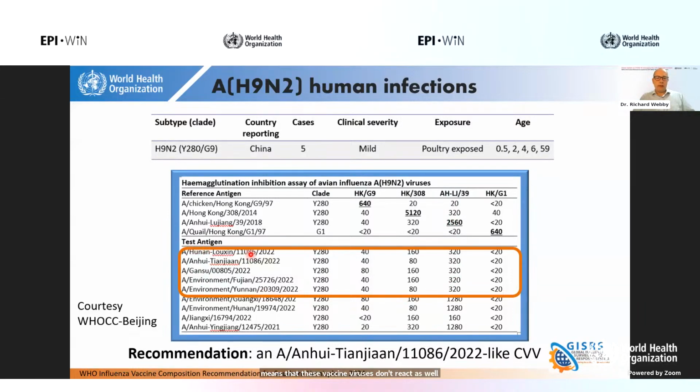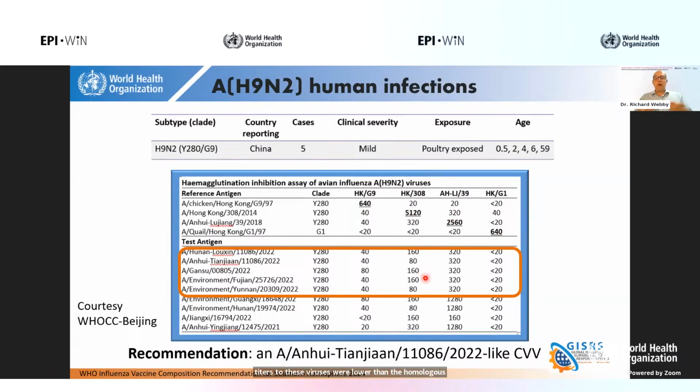And I've circled this group here because it's the group of H9N2 viruses that have been circulating in mainland China for a few years now, causing human infections both in 2022, and the 2023 viruses belong to this group as well. And you can see the hemagglutination inhibition titers to these viruses were lower than the homologous titers for each of the vaccine strains that we do have.